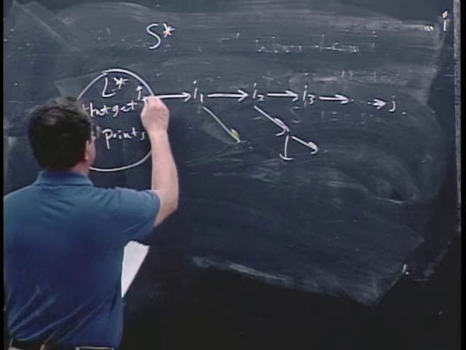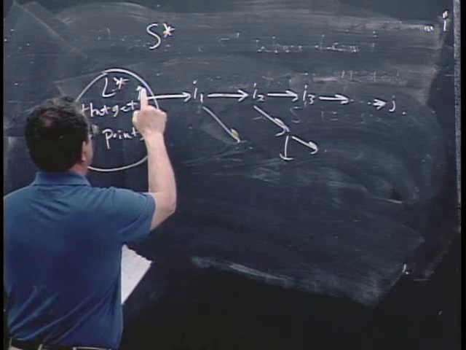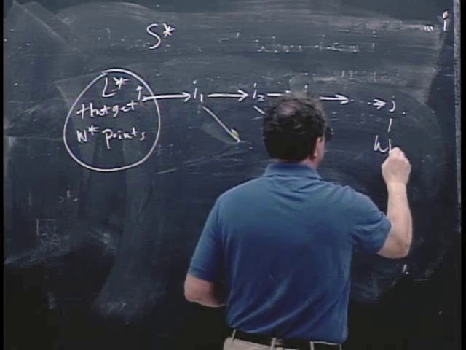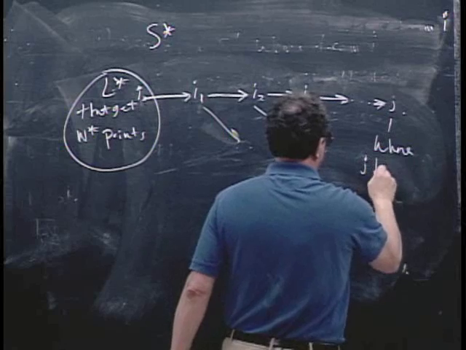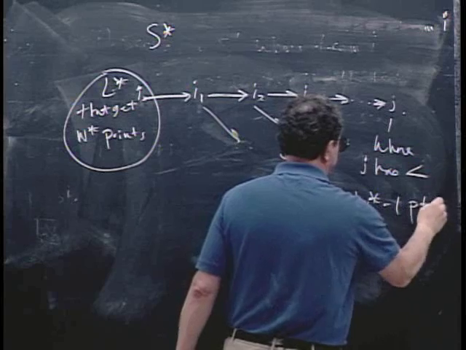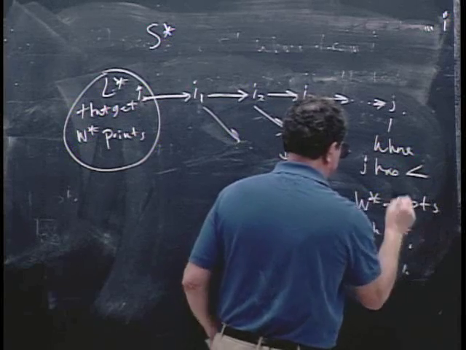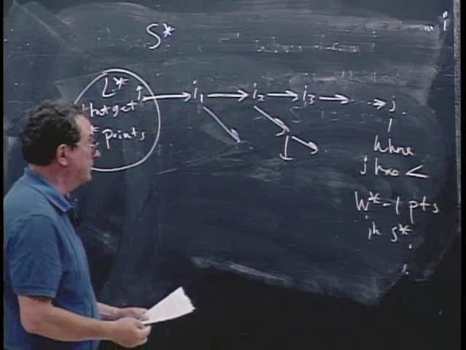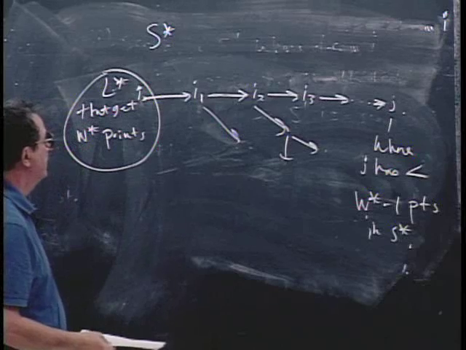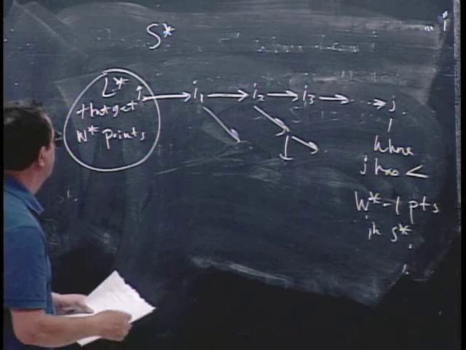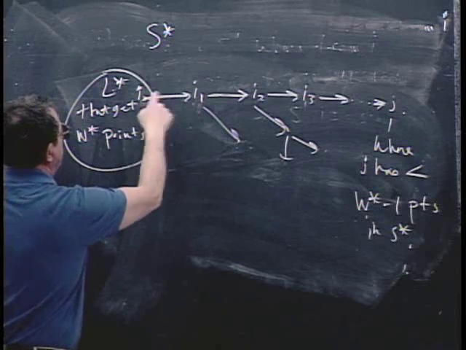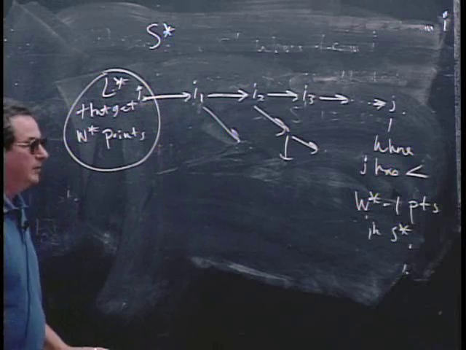And now we see a path from a team I to a team J, where J has strictly less than W star minus 1 points in S star. In that particular scenario, team J has less than W star minus 1 points. And now we're going to create a new scenario where this game, instead of I beating I1, I1 beats I. Okay?